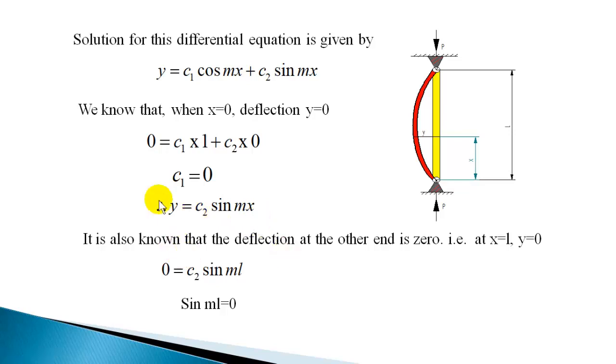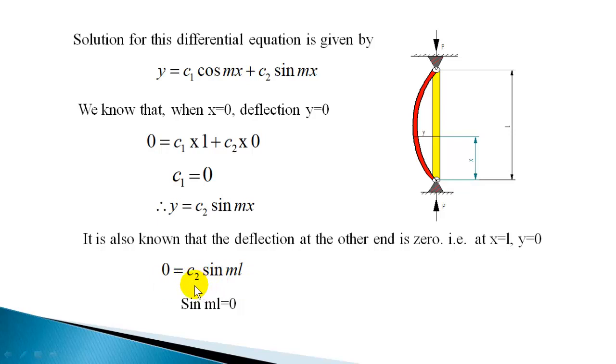Now after getting this equation, you also know the condition for the other end, that is when x is equal to L. When x increases to L, that is the maximum value x can take, and the deflection is also 0. There is no moment. y reduces to 0. In this equation, we can substitute y as 0 when x is equal to L. So what you get is C2 sin mL is equal to 0.